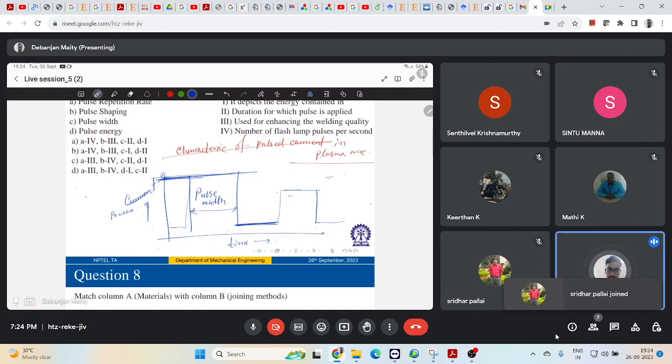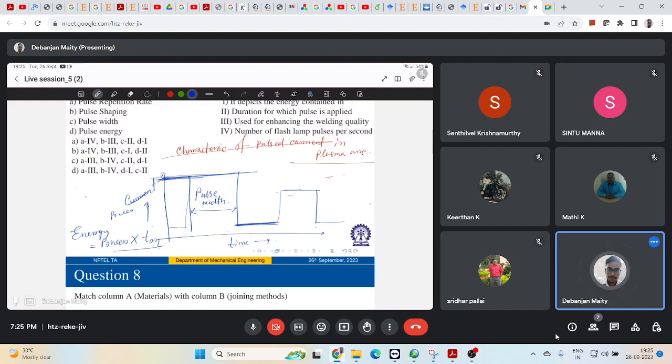And then what is the pulse energy? The energy contained within a pulse is a product of the power and the pulse width, correct? So energy is basically power into pulse width, right? And then you have the average power, and then there is something called pulse repetition rate.